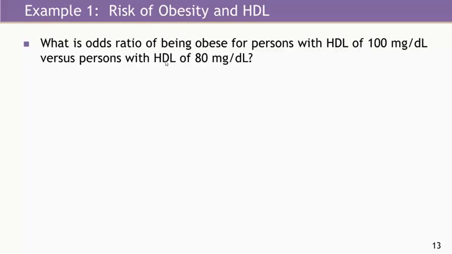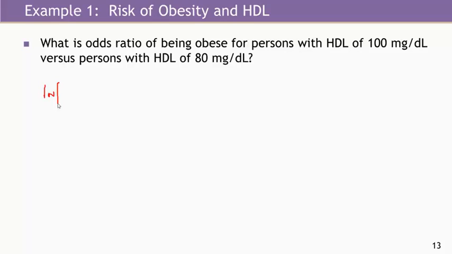You might say, well, I'm interested in comparing the relative odds of being obese for two groups of people who differ by more than 1 unit. For example, those who differ by 20 milligrams per deciliter. To put some concrete numbers on this, how about 100 milligrams per deciliter versus 80? This will turn out to be like it was in other linear comparisons we made, but let's just write it out to be sure.